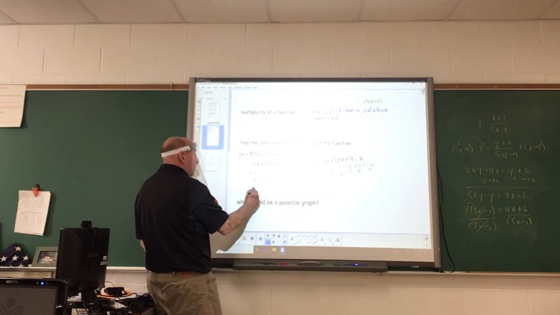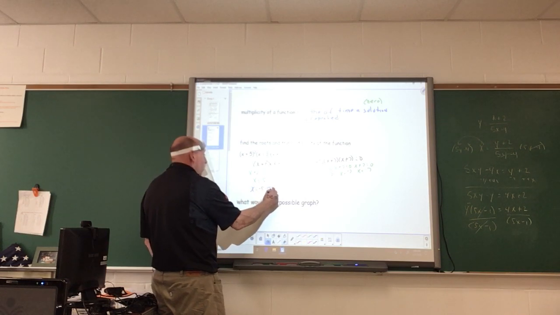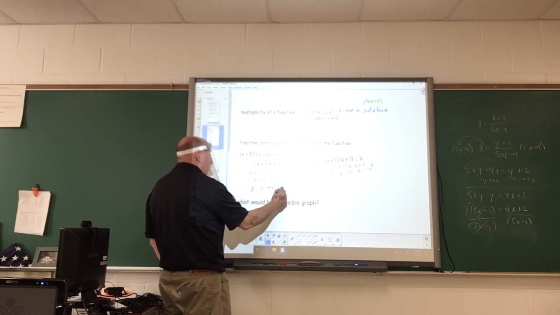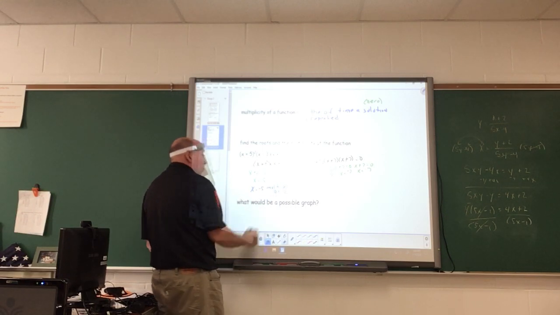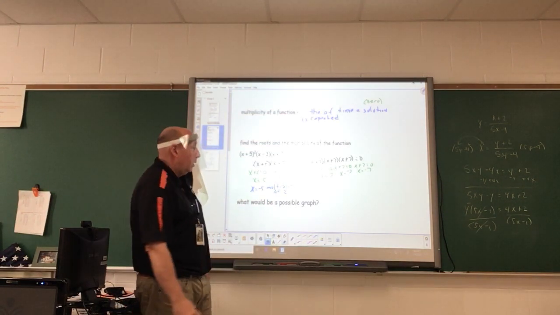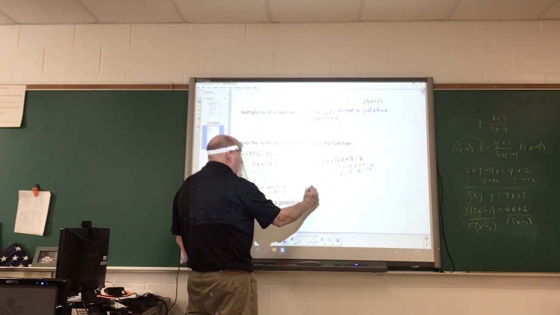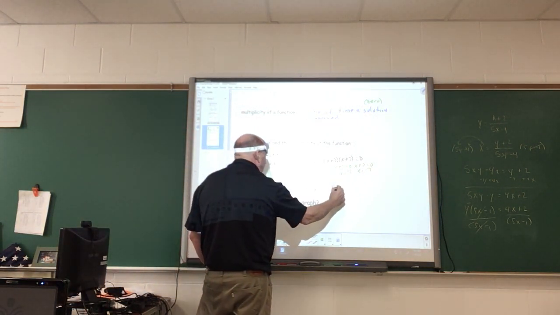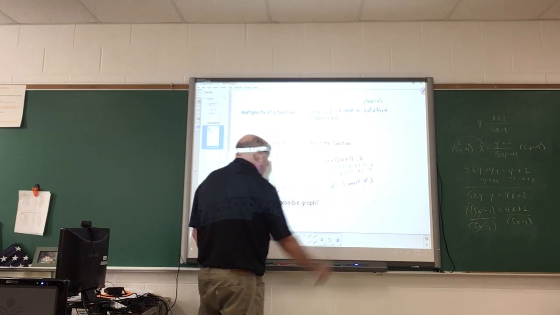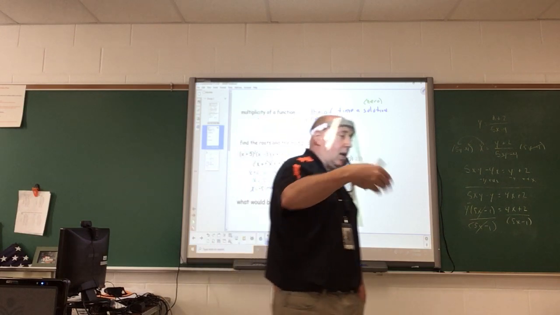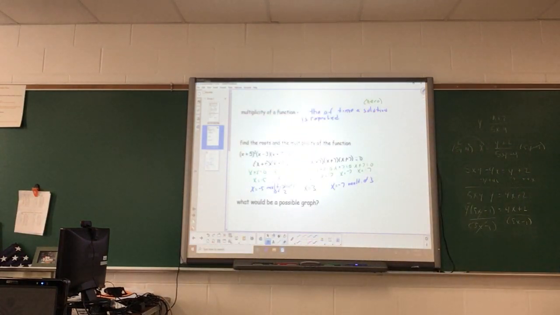So x is equal to negative 5 has multiplicity of 2. Here we have x is equal to 3. Here we have x is equal to negative 7, multiplicity of 3. It just tells you the number of times that solution is repeated. When you have a multiplicity, it's the repetition of solutions.